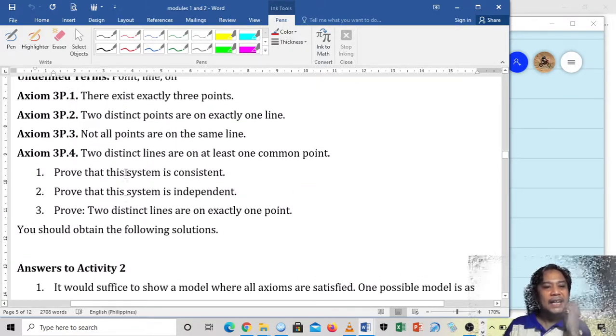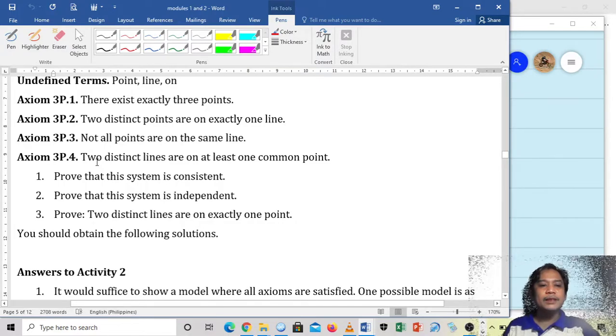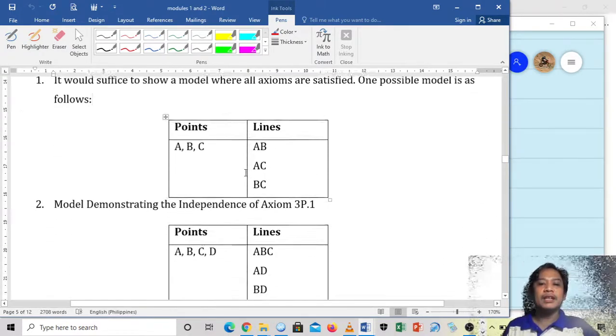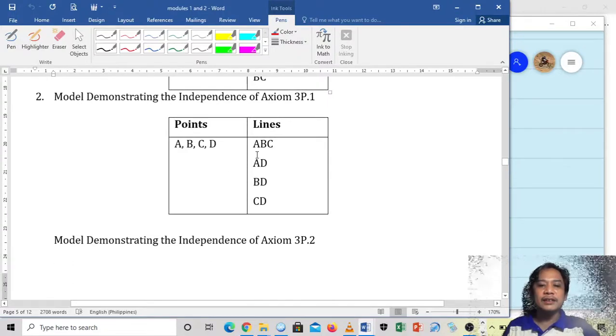Next, the fourth axiom. 2 distinct lines are on at least one common point, meaning each pair of lines intersect. ABC and AD intersect at A. ABC and BD intersect at B. ABC and CD intersect at C. Now for the pairs containing AD.